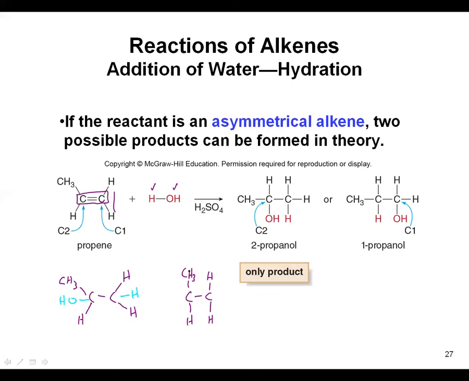And again, we could do the OH over here and the H over here. In this particular case, the difference is we actually can get two different products that are formed. These are both alcohols. One, as you can see up here, has a name of 2-propanol, which is one type of alcohol. This is what is known as 1-propanol.